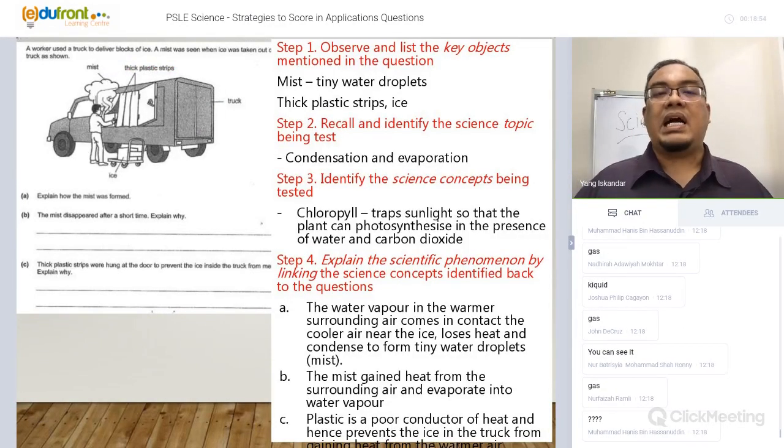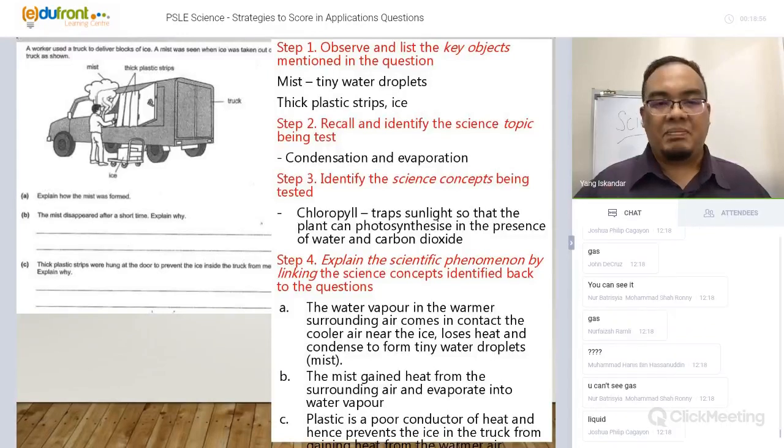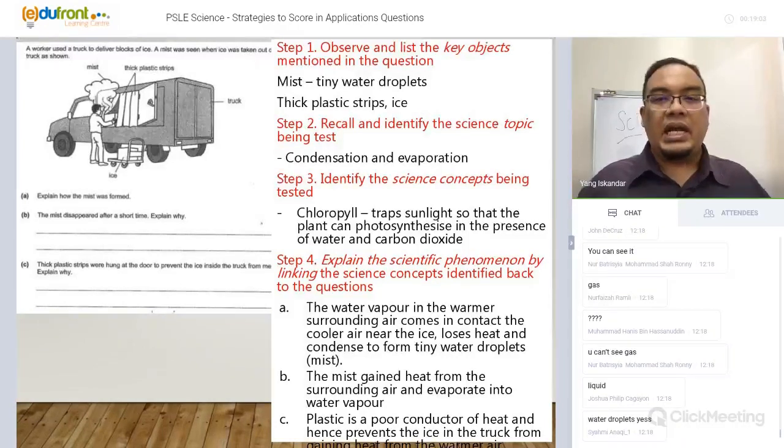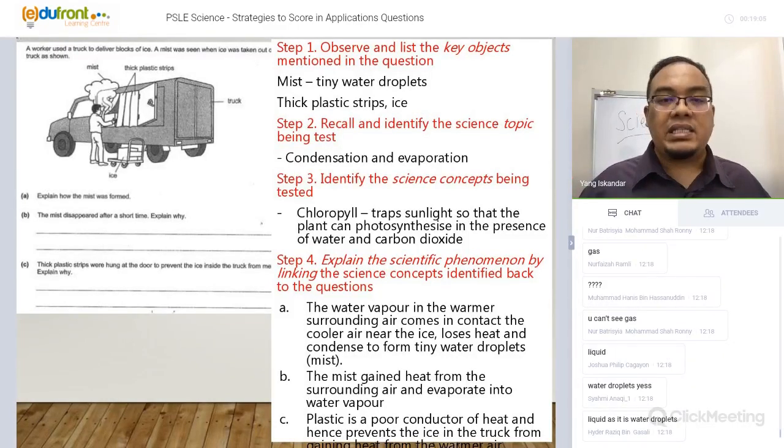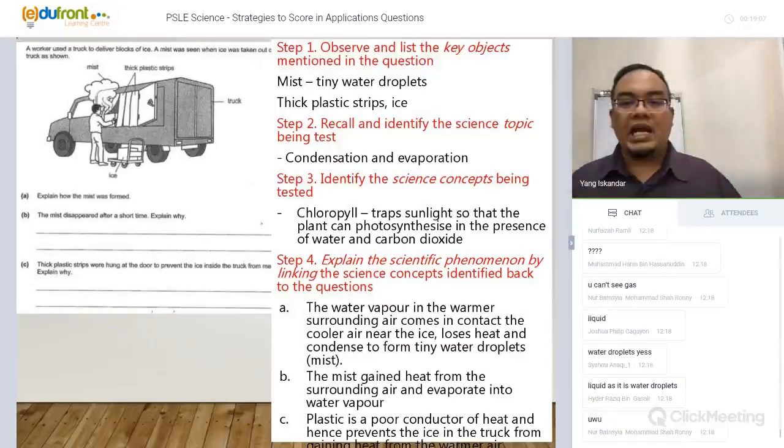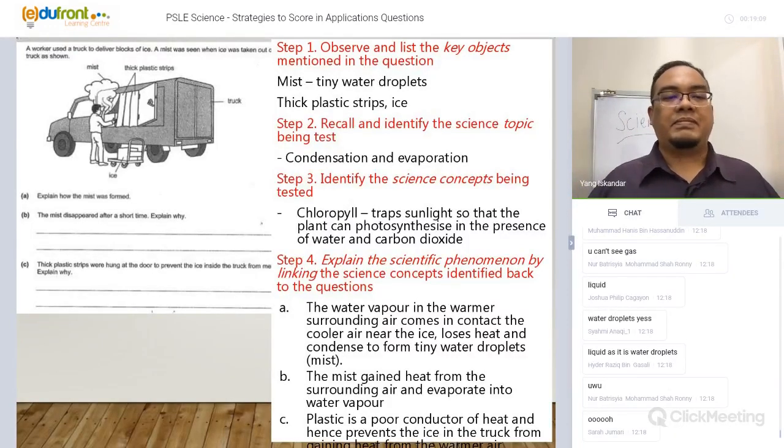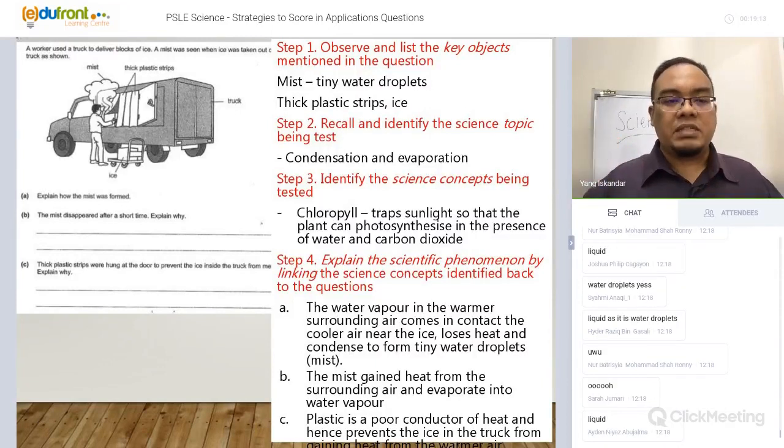But actually, mists are tiny water droplets. Please remember this, mists are tiny water droplets, just like clouds. Clouds are not in a gas state, they are in liquid state. You need to know this so that you are able to explain using the right concepts later on.